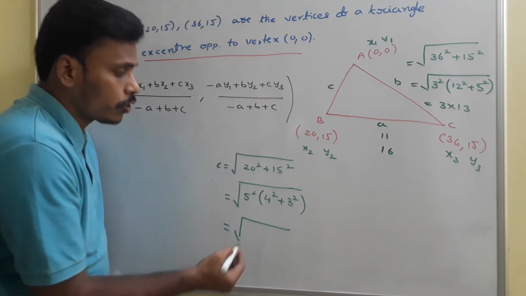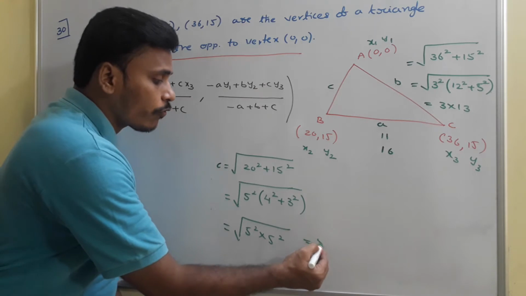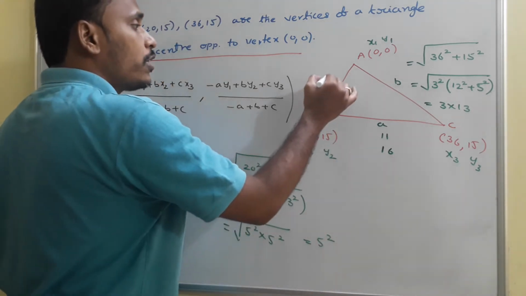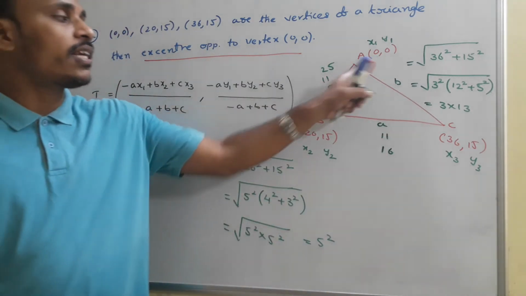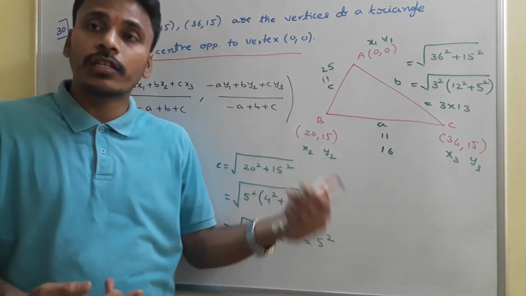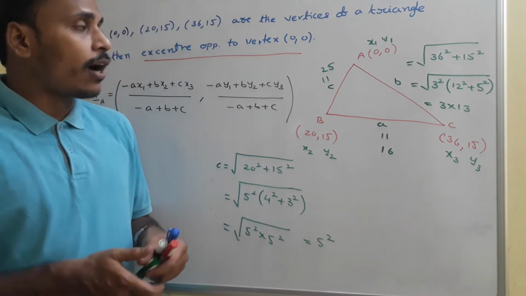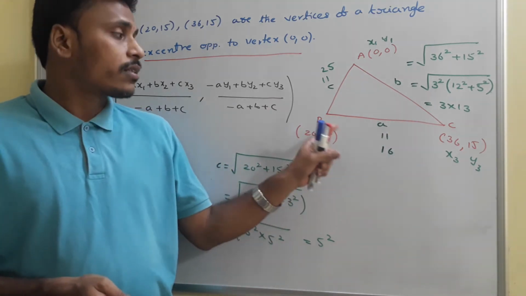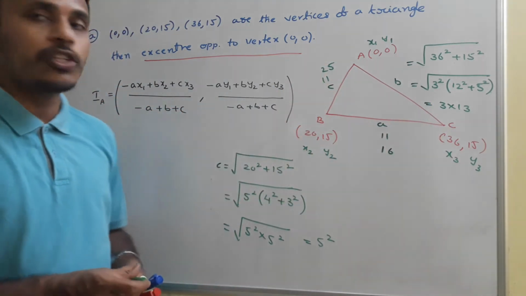So this is 5 square into 5 square under the square root, which gives 5 into 5, so the value of c is 25. Since we know the vertices of the triangle, we use the distance formula to find the sides. The side length opposite to A is 16, opposite to B is 39, and opposite to C is 25.